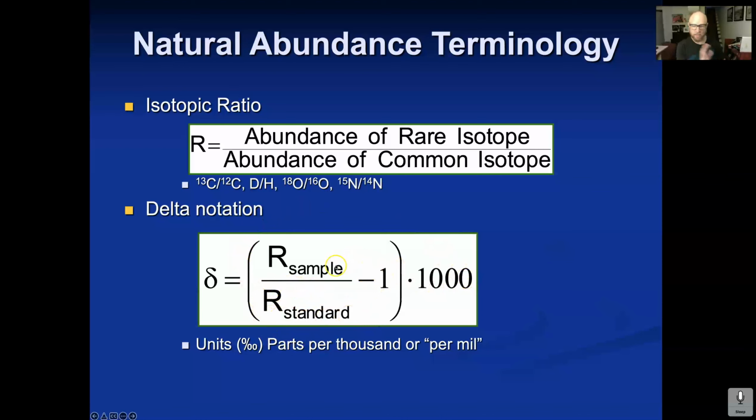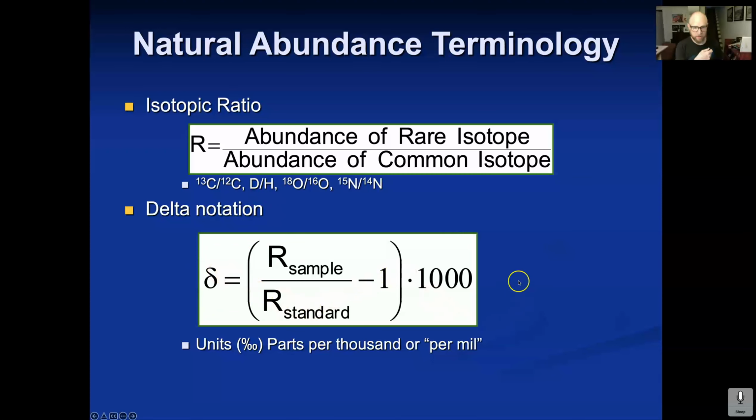The details of this calculation aren't super important for us, but what I want to introduce is the notation. We're going to look at data reporting the isotope ratios in delta values, which is how we refer to them. This symbol here represents, it's almost like percent, but it's per 1,000.